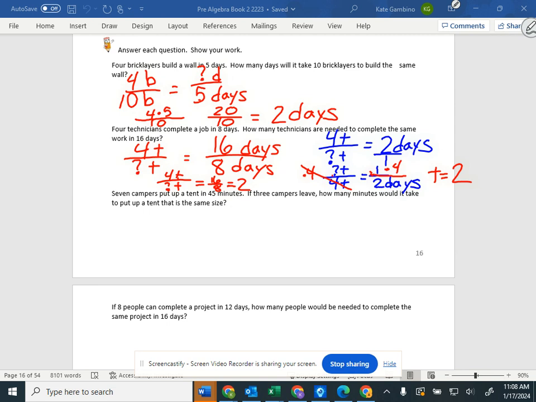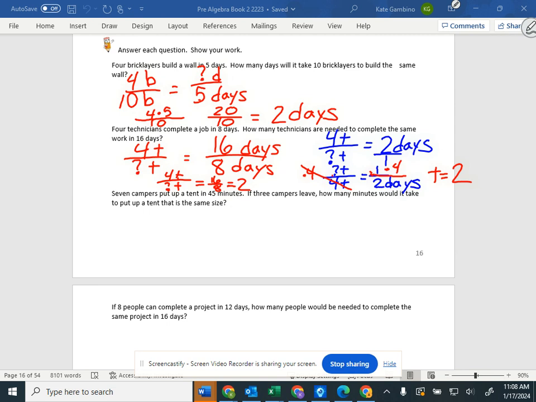Jude, couldn't you just have done 8 times 4 divided by 16? What did I say, Jude? There's two different ways to solve it. There's using the ratios, and then there's just plugging it into the equation. So I said we're gonna do ratios first, so we understand why it works.